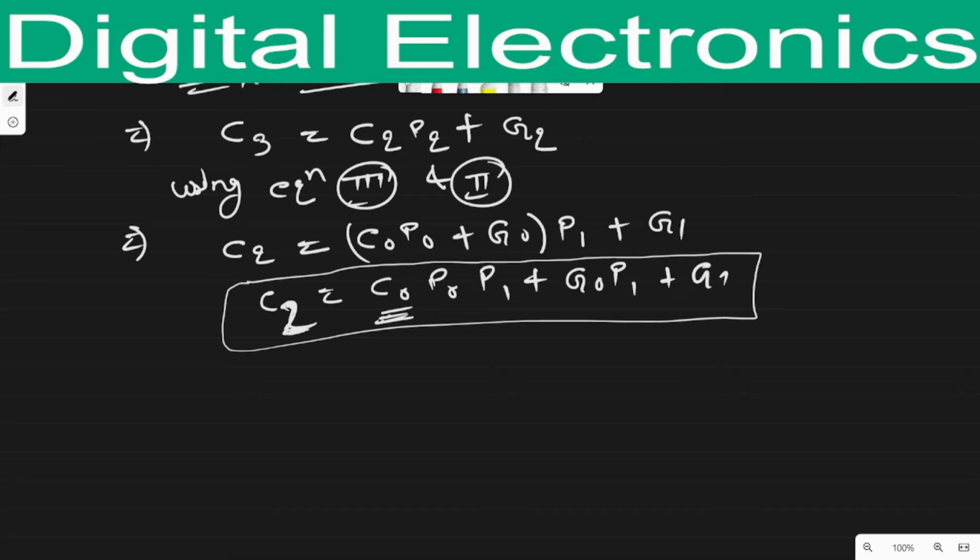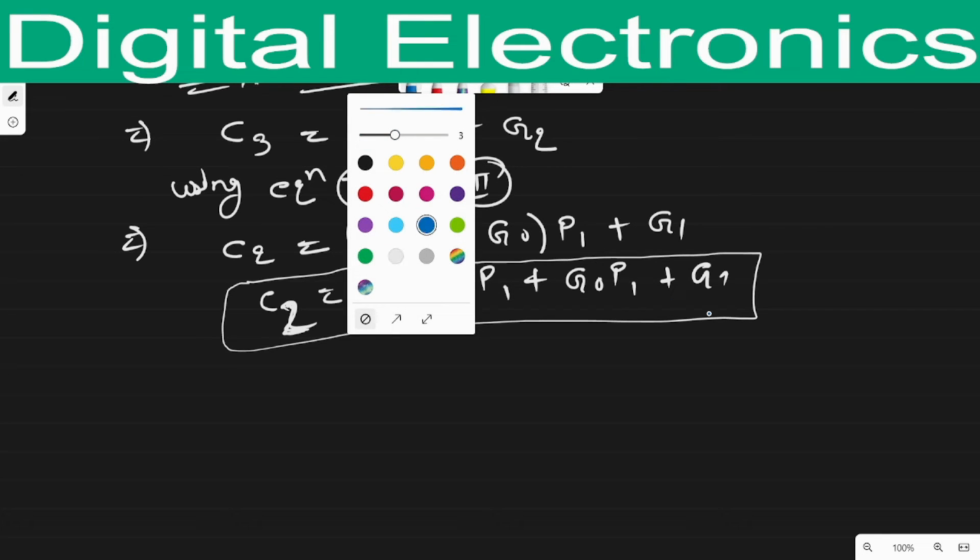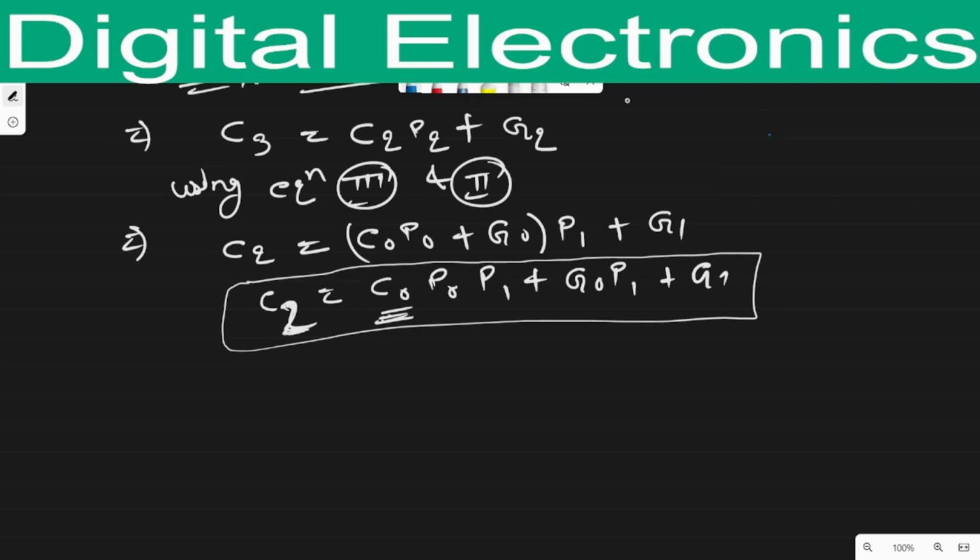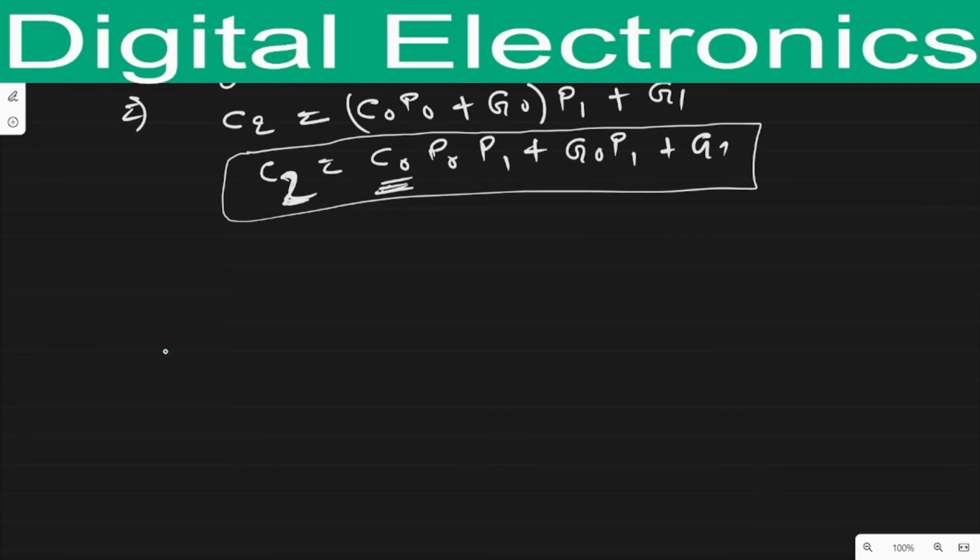If we want to take the output of sum, what can we write here? We know the sum equation: sum Si equals Ai XOR Bi XOR Ci in the case of a full adder.